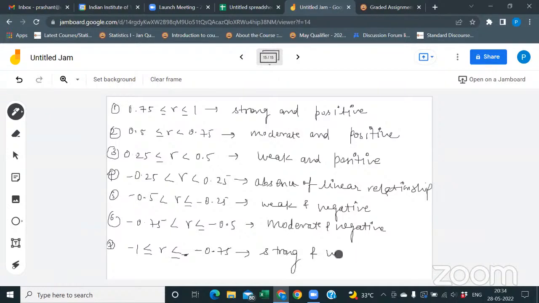So with the equal to signs, is the lower limit included or the upper limit included? See, here the upper limit is included, and for the others the lower limit is included. Okay, this is the question.